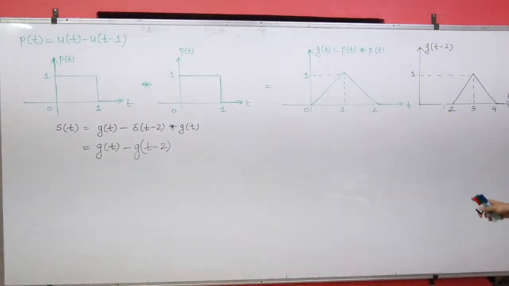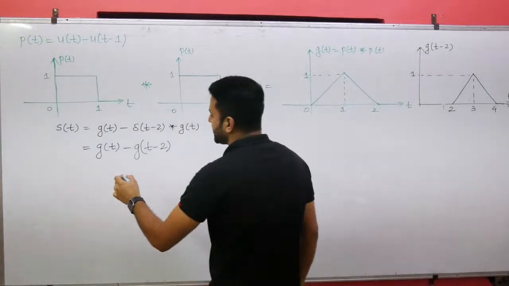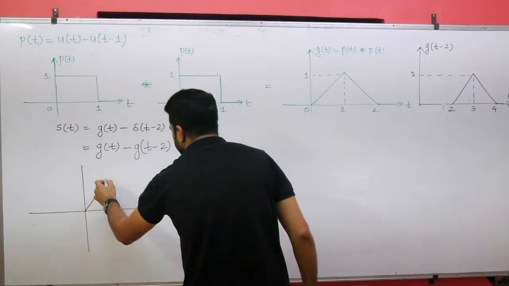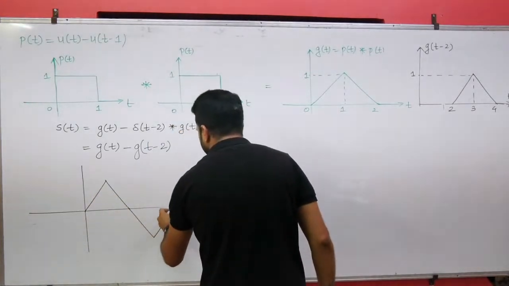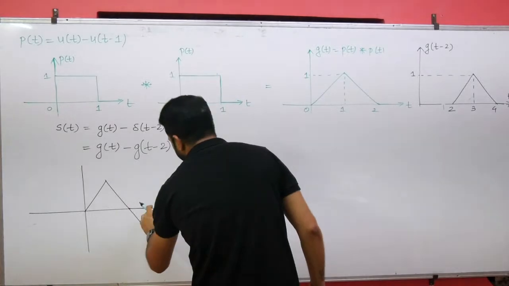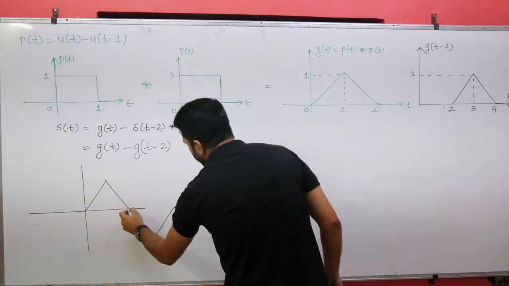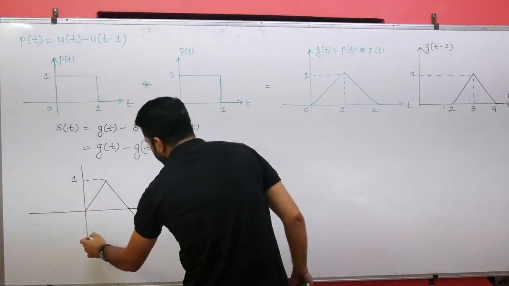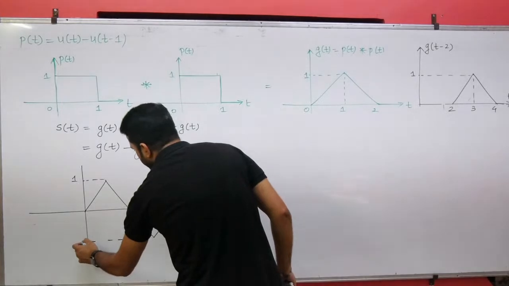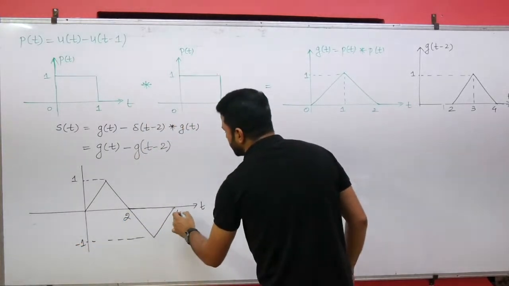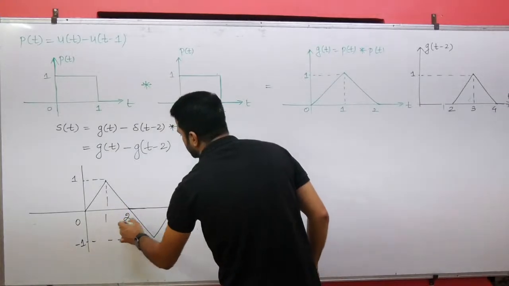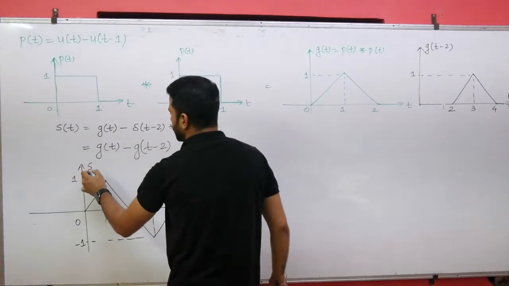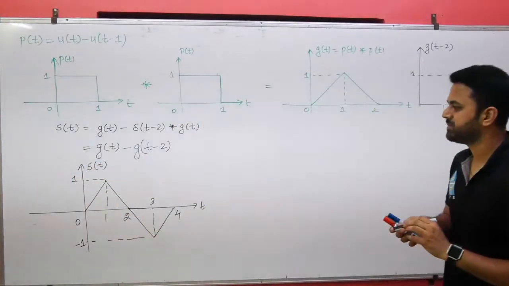When we add these two, we get the signal which is the input to the matched filter. Because we have to add the signal with the inverted version, when you invert it you get the triangular signal inverted from 2 to 4. Is it correct? This is the input to the matched filter.